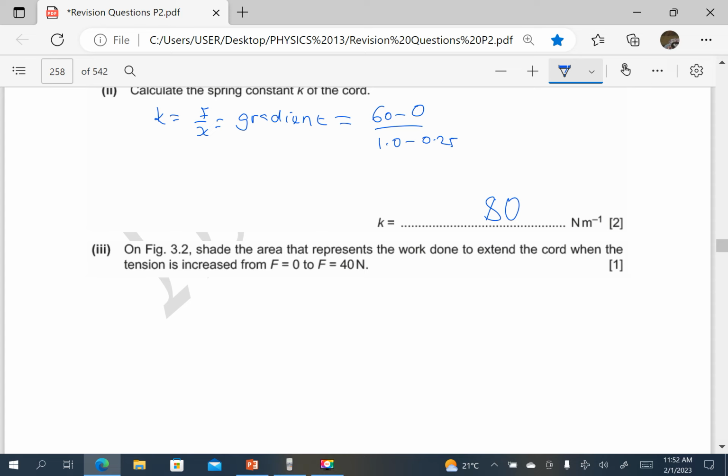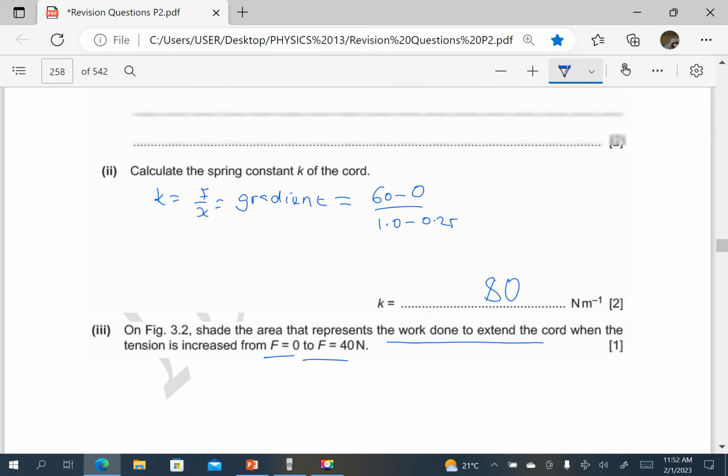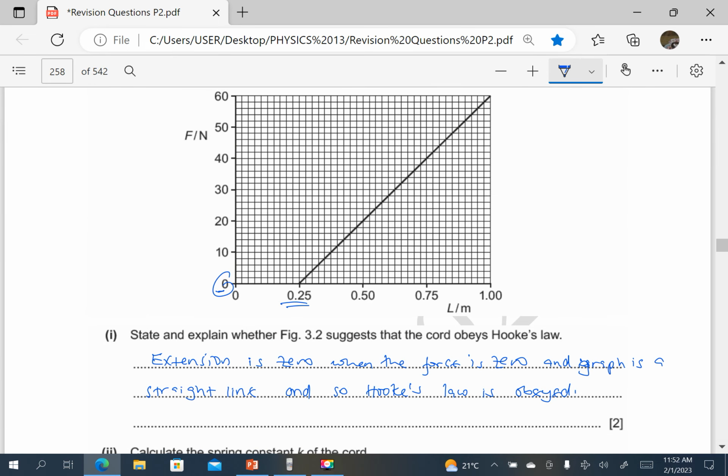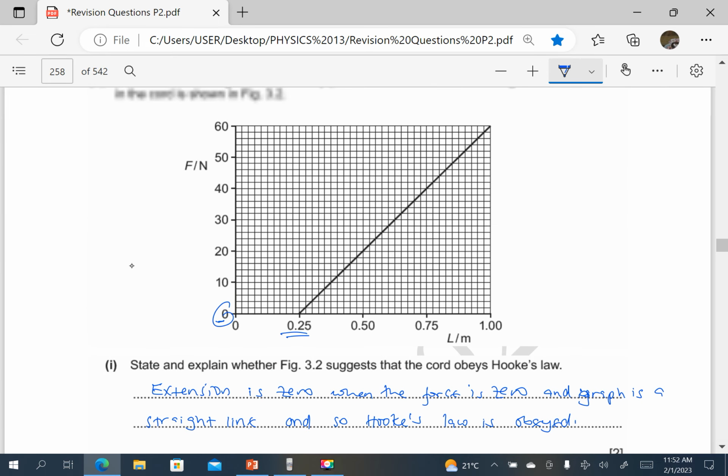On the figure, shade the area that represents the work done to extend the cord when the tension increased from F equals 0 to F equals 40. So work done is the area under the graph. F equals 40 is here.